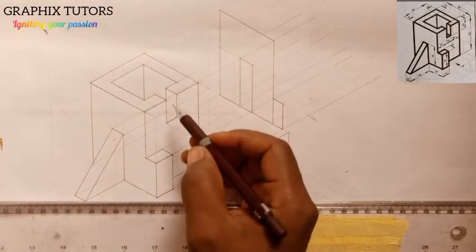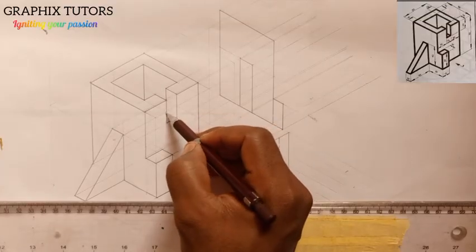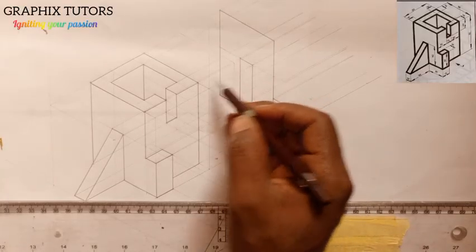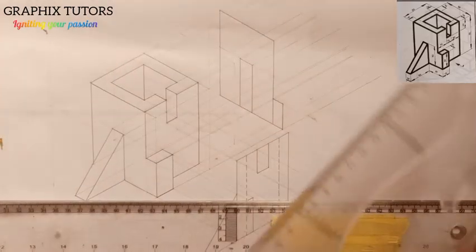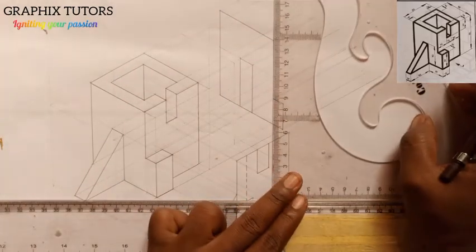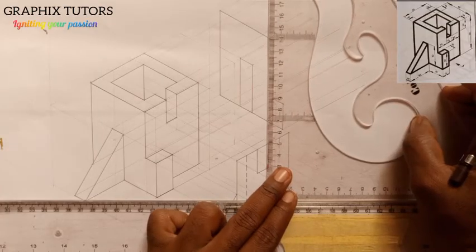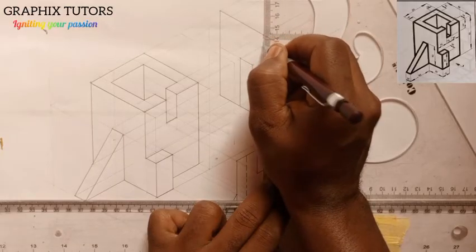This point you see, this is meeting this at this point, right? So if I extend it, it is somewhere around here. So this line you're seeing is here, right? So I'll bring it down. I'm going to bring it down, and that will be a hidden line because I can't see it from the front.